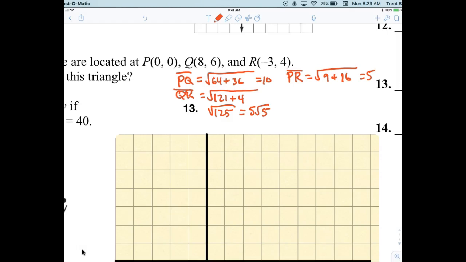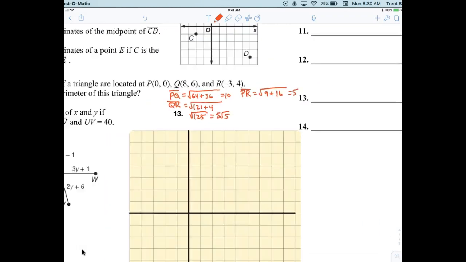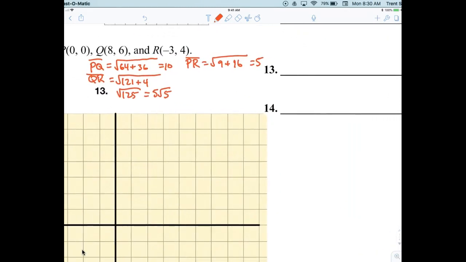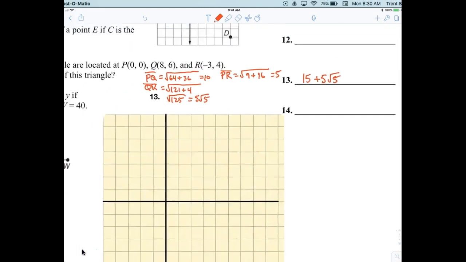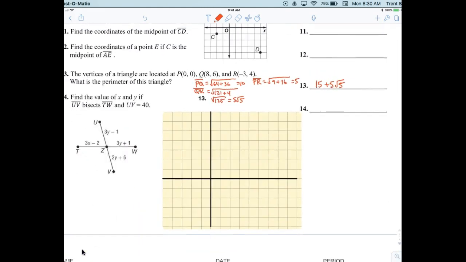So now, what can I add together? 10, 5. 15 plus 5 radical 5, and technically there should be units, because they don't give a measurement. So I want you to get in the habit of always writing down the proper units. All right, anybody else on the first page?